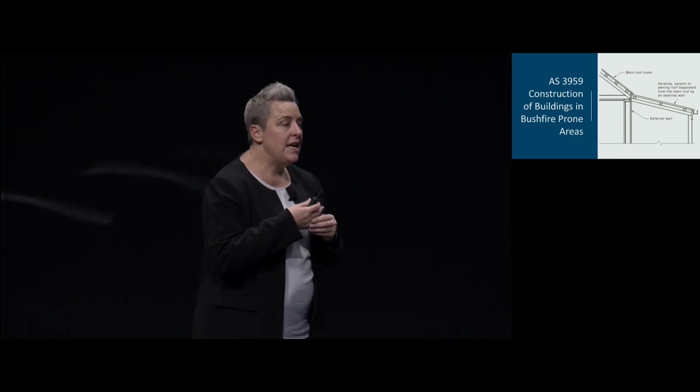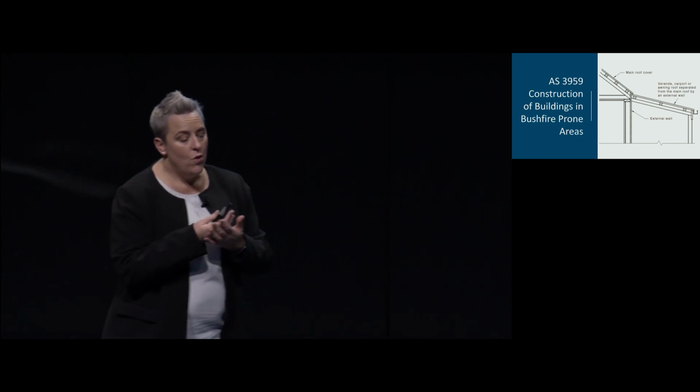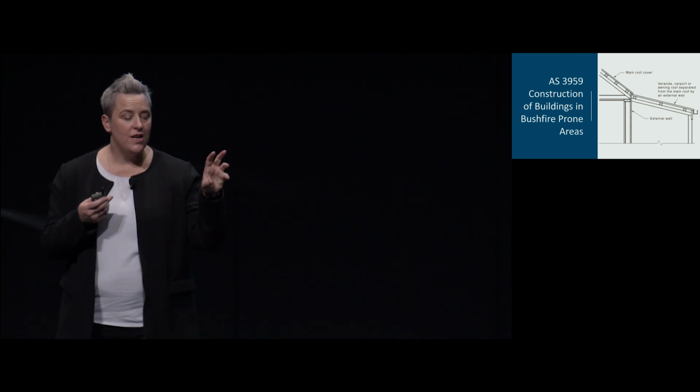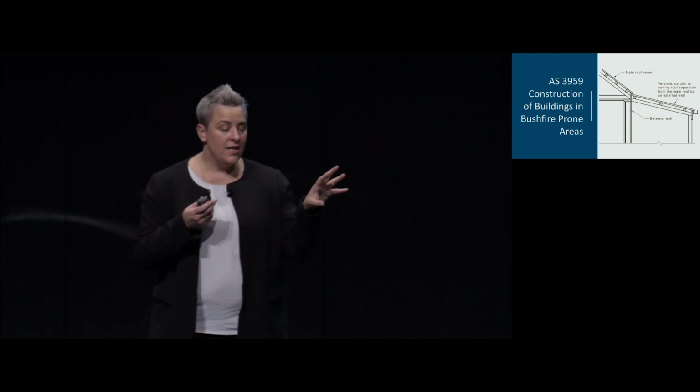There's also been a change, or a concession, that now allows for transparent or translucent roofing. So there's been a change in relation to clauses 12.5 and 12.19, that you can have translucent or transparent roof coverings in lieu of non-combustible roof covering.